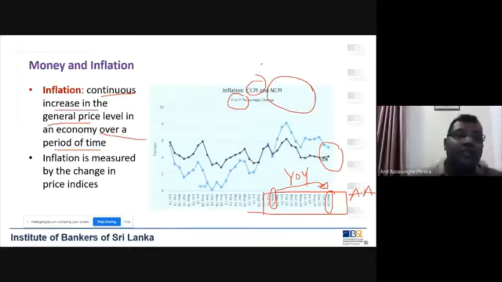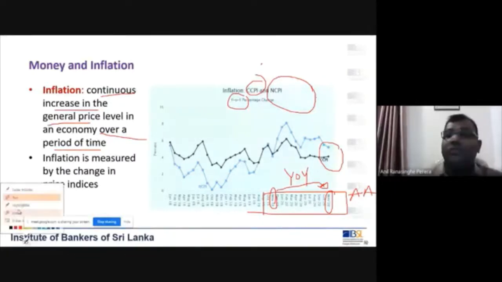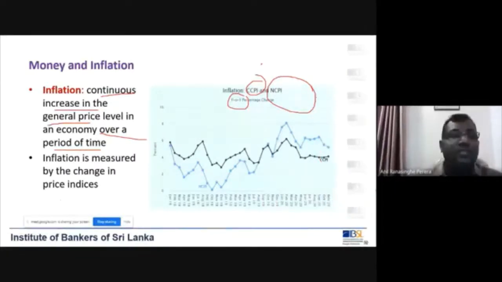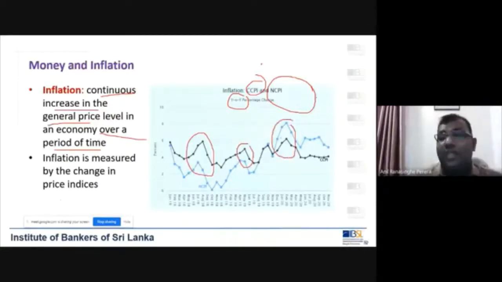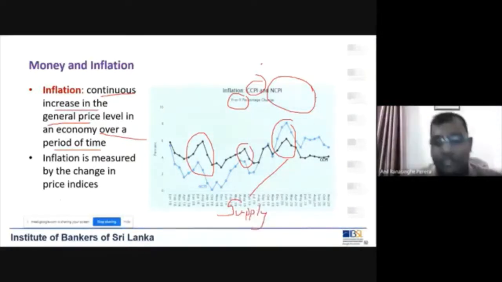Now, if you look at this chart, there are some periods where inflation is picking up and some periods where inflation is going down. These are some peaks of inflation, right? Now, this inflation can happen for two reasons. One, supply side inflation, which means, let's say, the harvest is affected.